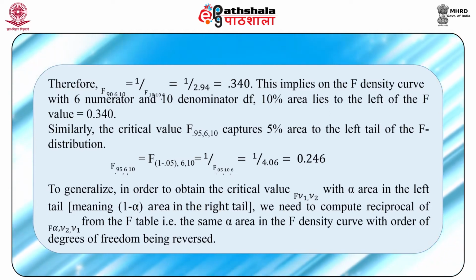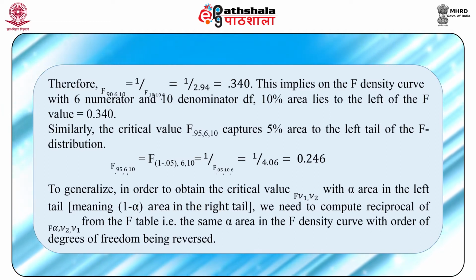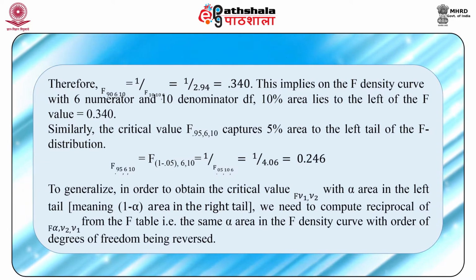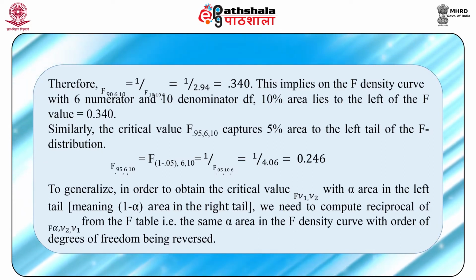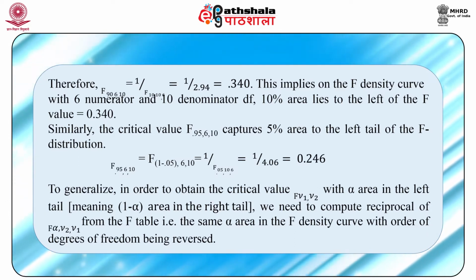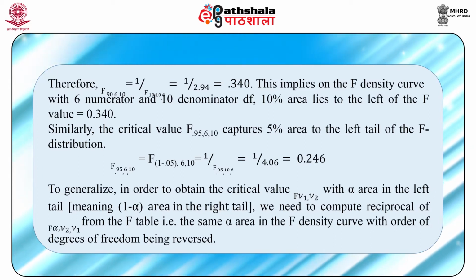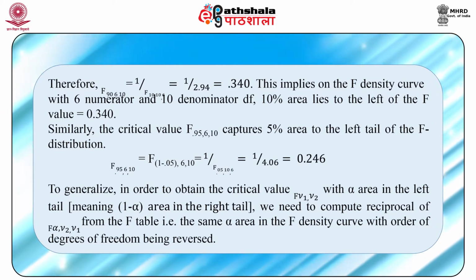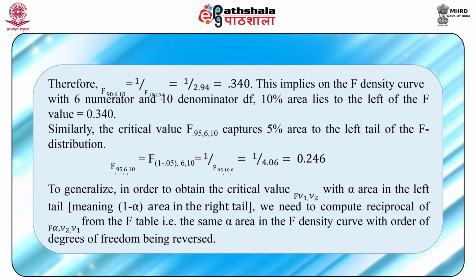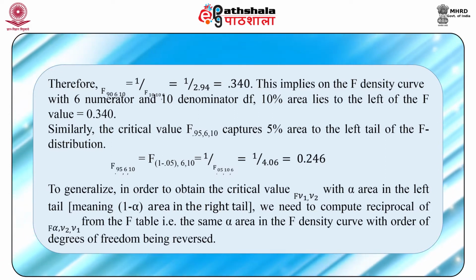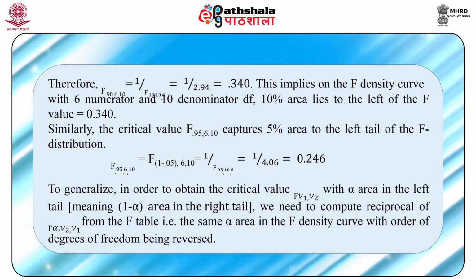Similarly, the critical value f 0.95 for 6 and 10 captures 5% area to the left tail of the F distribution, and this can be written as f 0.95 for 6 and 10 is equal to f 1 minus 0.05 for 6 and 10, which is equal to 1 upon f 0.05 for 10 and 6, and this is equal to 1 upon 4.06, which is 0.246.